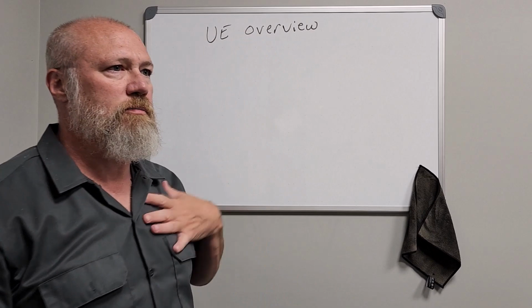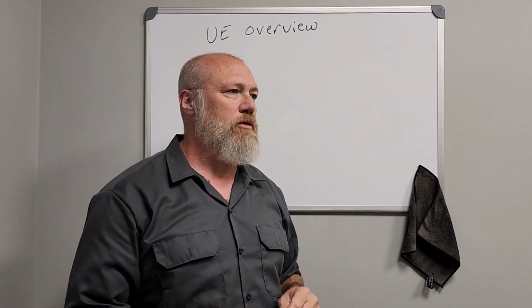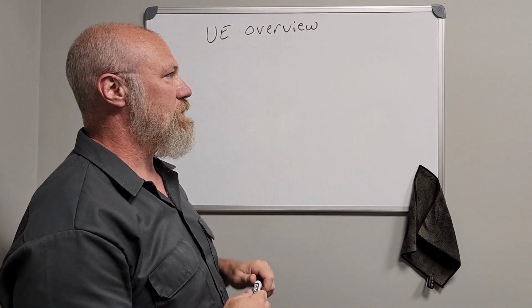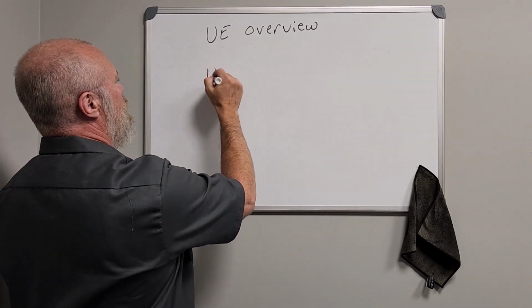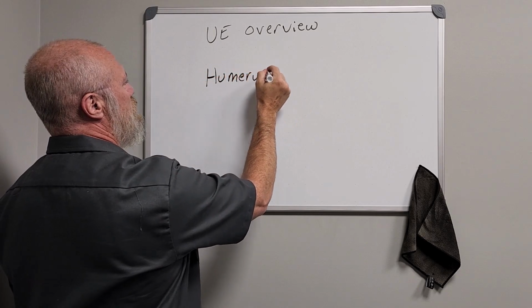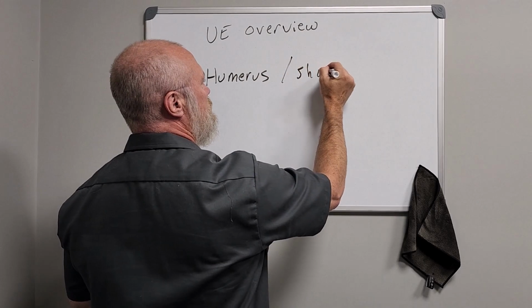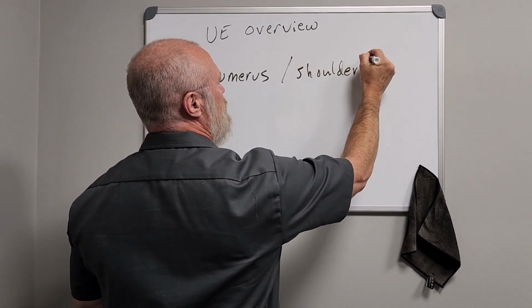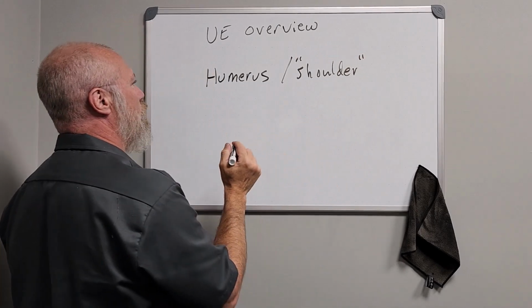That's going to be composed of the pectoral region and the scapular region, or periscapular region, in the dorsum of the torso. Some other areas you're going to want to know: that region is the shoulder, the shoulder of the upper extremity. We'll come back to that in a moment.